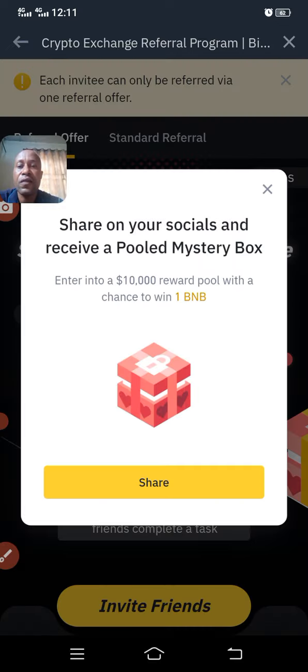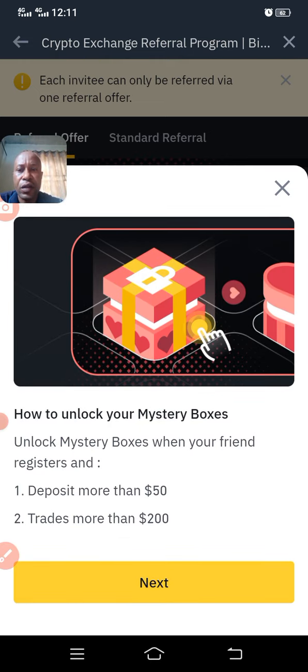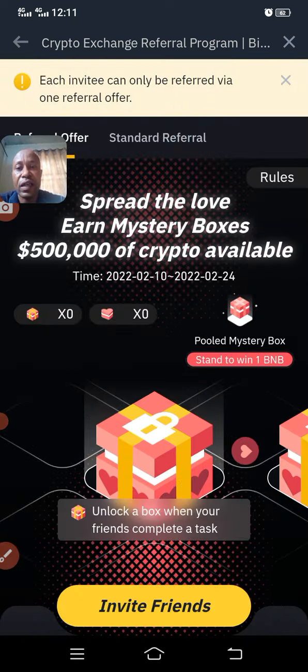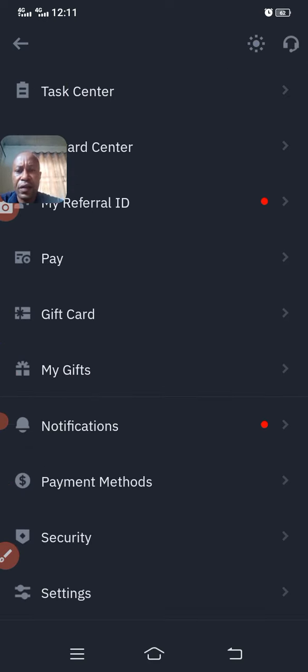So you can imagine referring as many people as possible, you are going to have as much returns as an affiliate. You can see today they are doing a whole lot of things, like how to unlock your mystery box. You can generate your affiliate link by going through the affiliate side of your page. Now we have a gift, we have notifications.